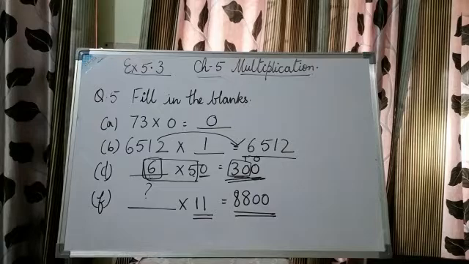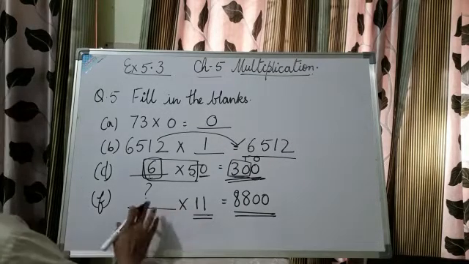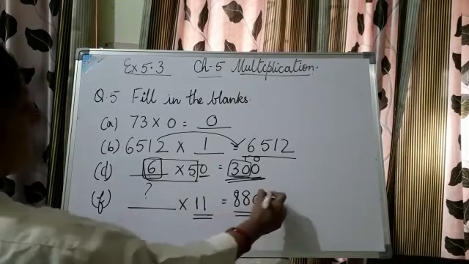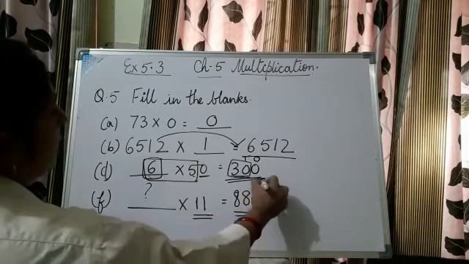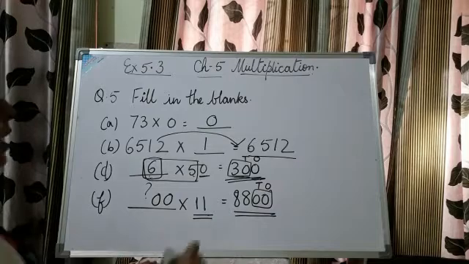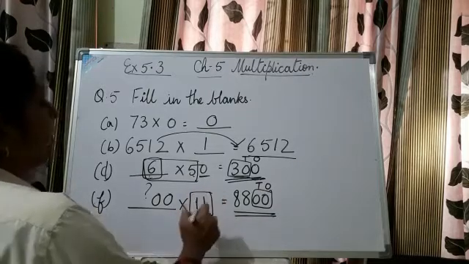Coming to F part, what is to be multiplied with 11 to get 8,800? Students, here we are going to use the last rule, that is multiplying any number with 100. This means the number which is missing is a hundredth number, because we have already got on the ones and tens place 2 zeros. So you can write here 2 zeros first. And what number is multiplied?